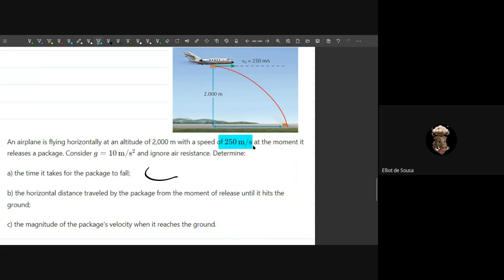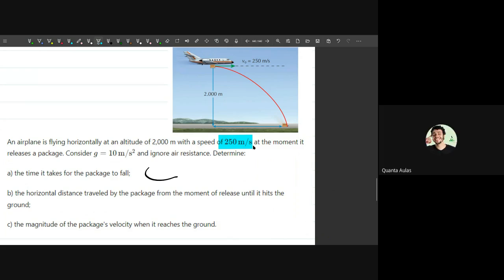I learned it with different letters, U as initial velocity and V as final velocity, so it's a little confusing, but with the picture. But in this picture, V0 equals 250 meters per second.